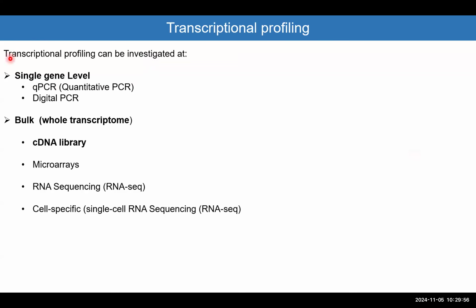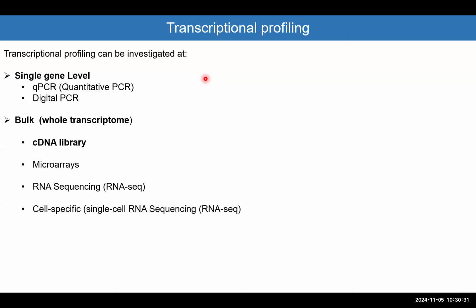So we can study the transcriptional profile. When we say transcriptional profile, meaning the DNA has been transcribed into RNA, you are looking at the RNA of those cells compared to the RNA of other cells, like control conditions or experimental conditions, treated with a drug or not treated with a drug, from a mouse that is not sick to a mouse that is sick, from a human who has a mutation to a human who doesn't have a mutation.